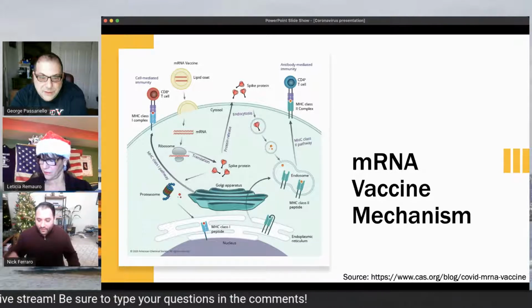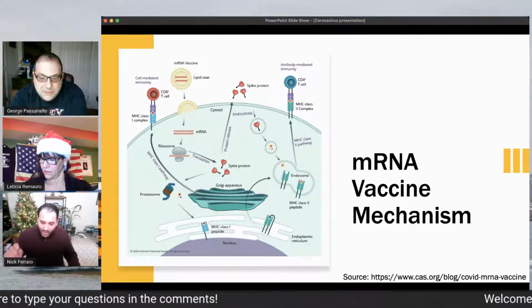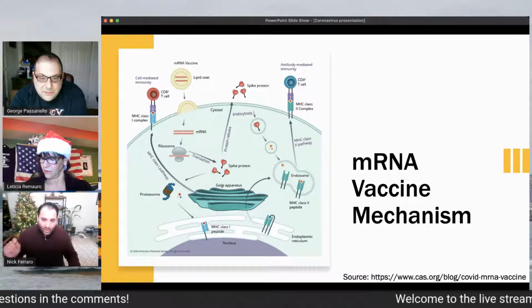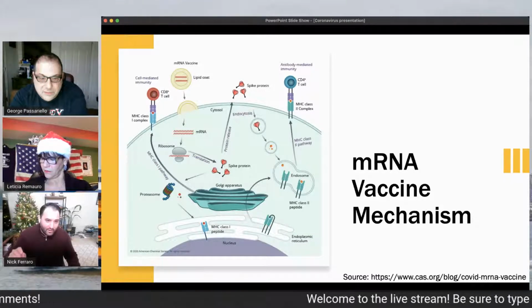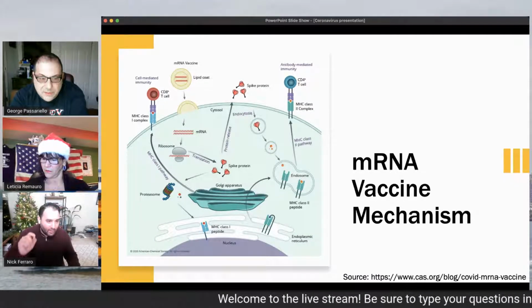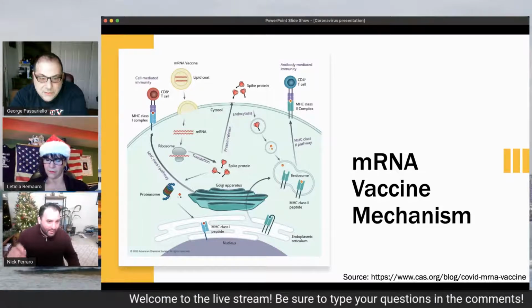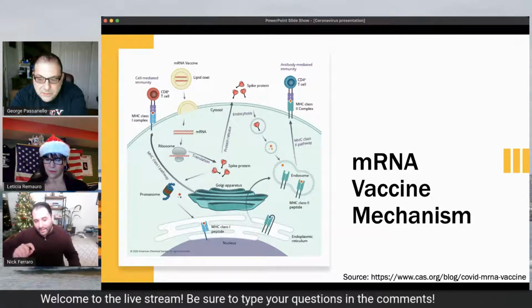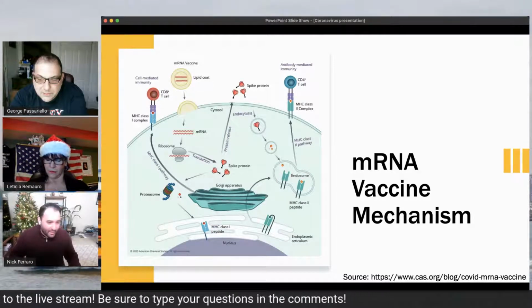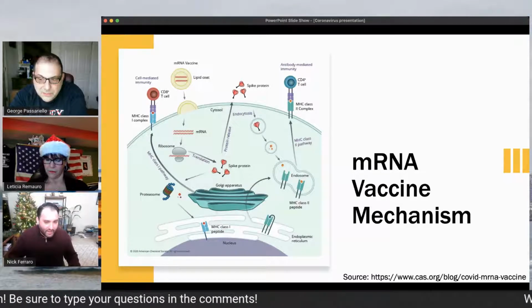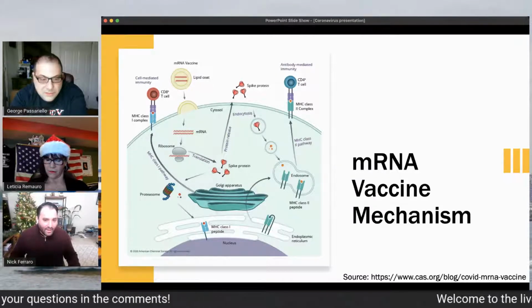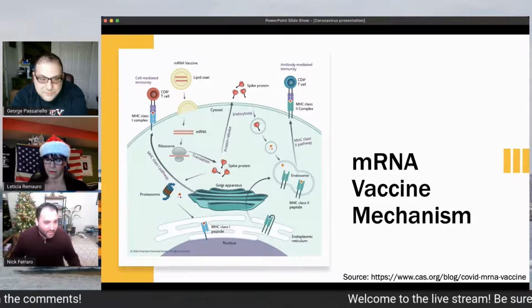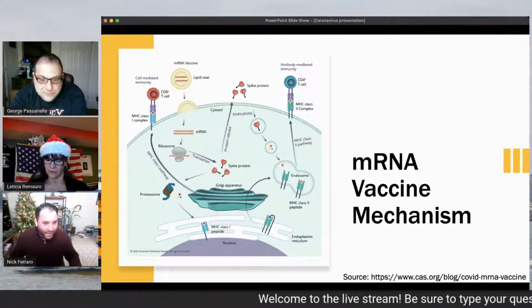The vaccines, the mRNA that code for the S protein, are delivered into your cells by little lipid nanoparticles. They get into the cell. The cell then translates that mRNA into the spike protein, and that spike protein is recognized by the immune system as not self.